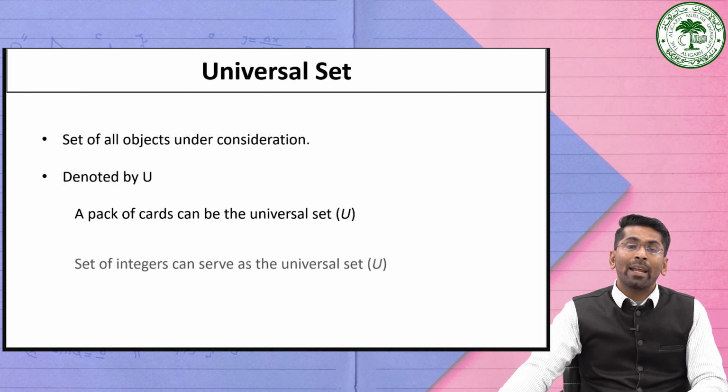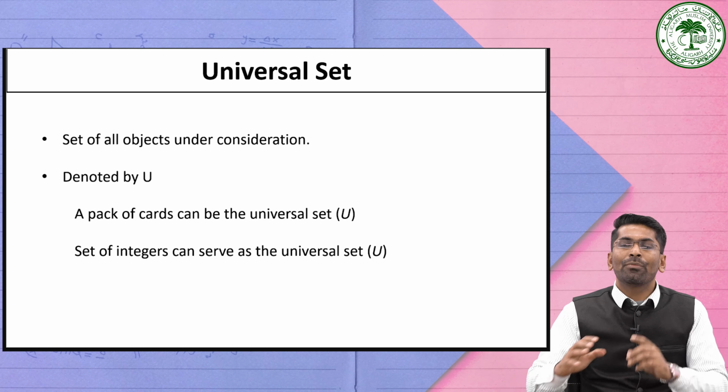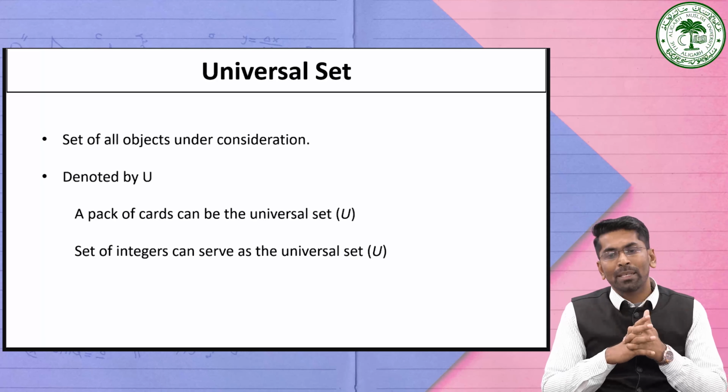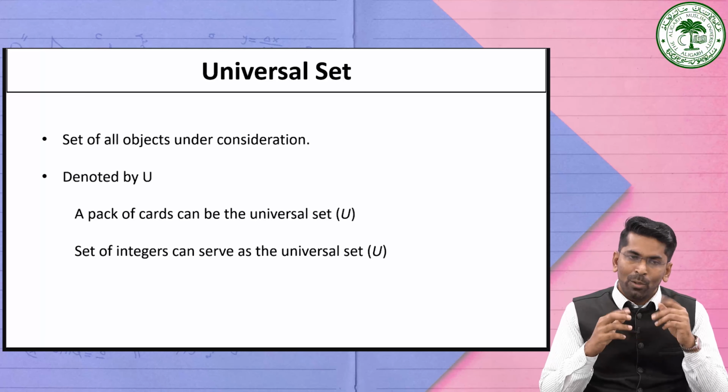Let us consider another example: the set of integers can serve as the universal set U. Here, for the sets of even or odd numbers, U encompasses all the integers, and the sets of even and odd numbers are possible subsets of the universal set.